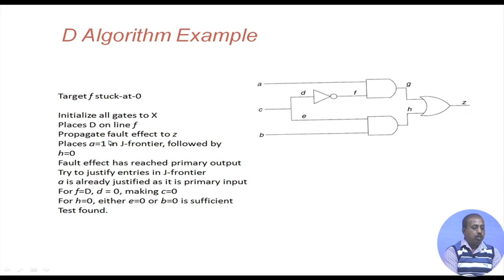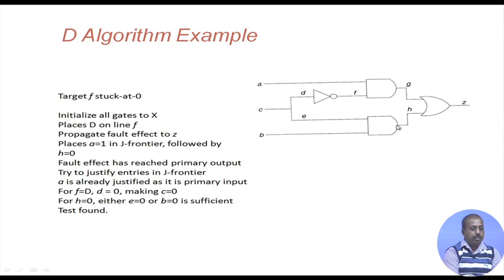Next is to propagate the fault effect to Z. If we want to propagate the fault effect to Z, this line is D, so it has to propagate through this G. As a result, A equal to 1 is added to the J frontier, so that this D propagates from F to G. After that, this D has to propagate from G to Z, and for G to Z propagation I need the line H to be set to 0.